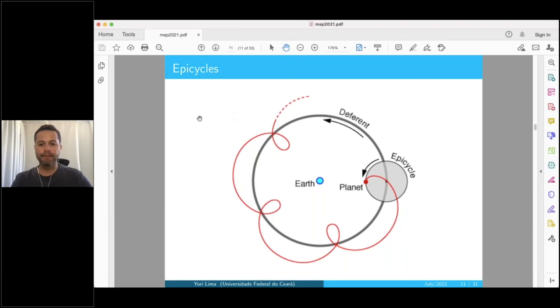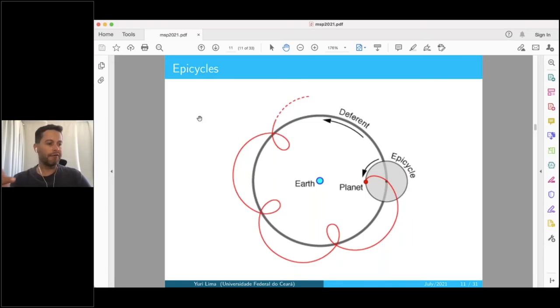Okay, so let us continue here with our slides. Well, but time went by, some centuries went by, and people started to realize that Ptolemy's model was not that accurate. Some of the predictions that were supposed to happen based on Ptolemy's assumptions did not actually occur.